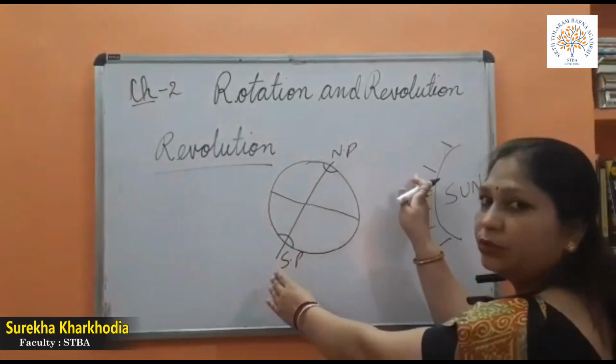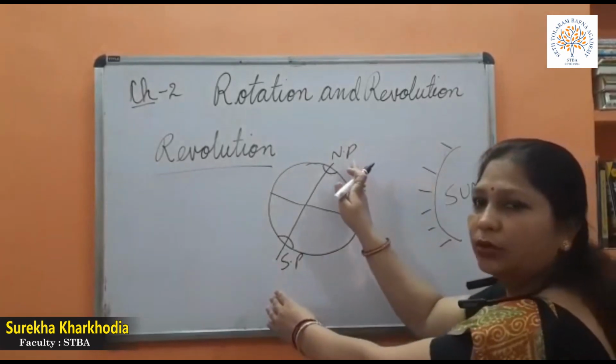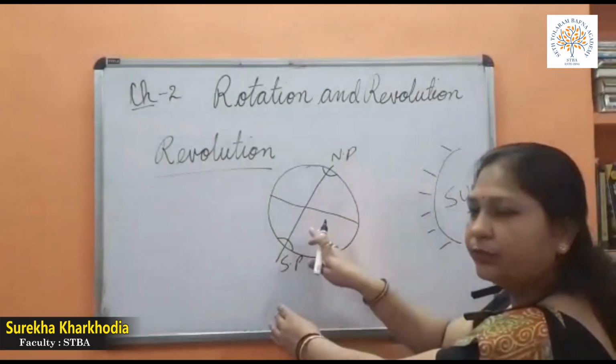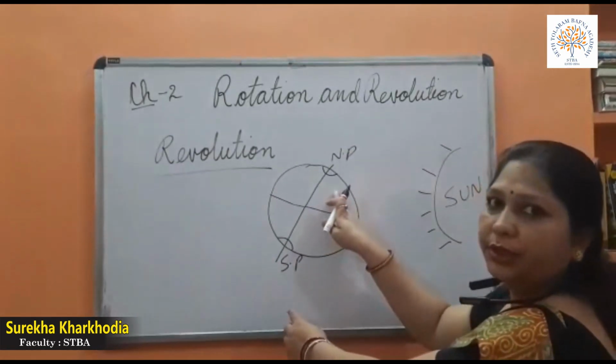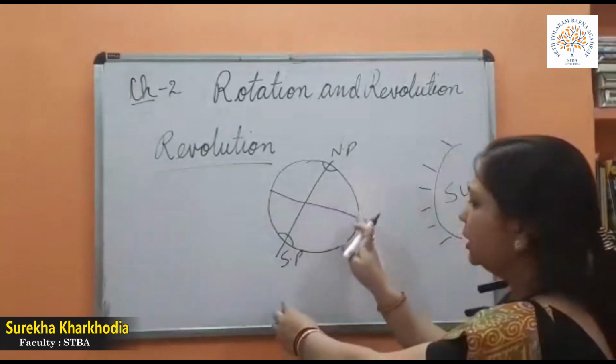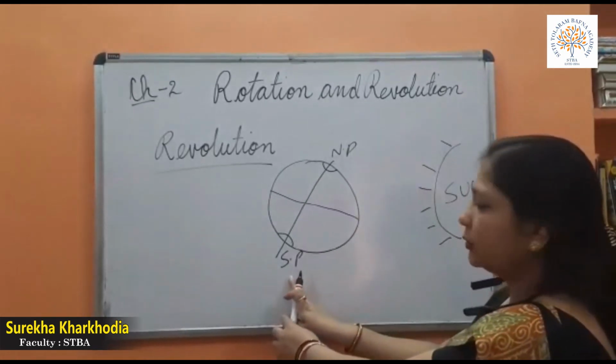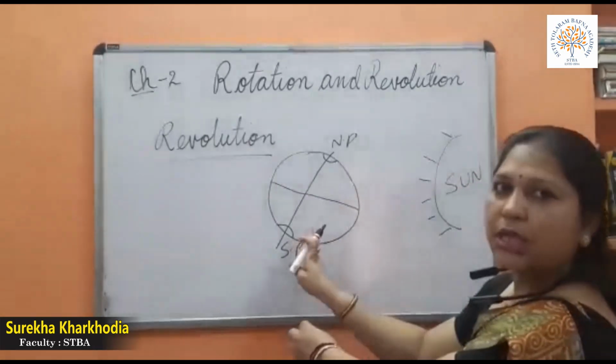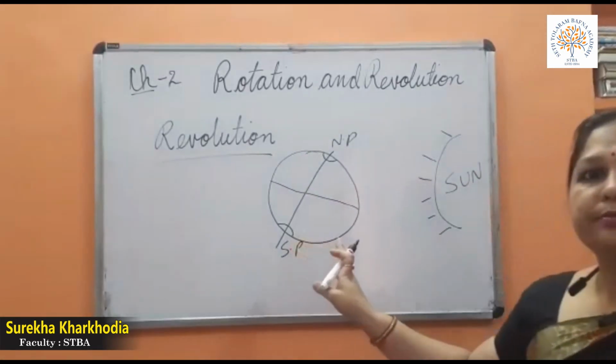North Pole is near to the sun. Equator is dividing the earth into two hemispheres, so in the northern hemisphere there will be summer season, and in the southern hemisphere it will be winter because it is away from the sun.